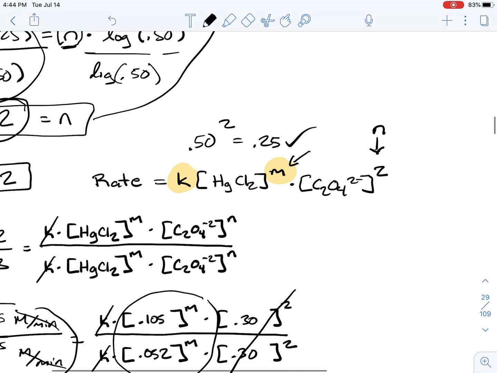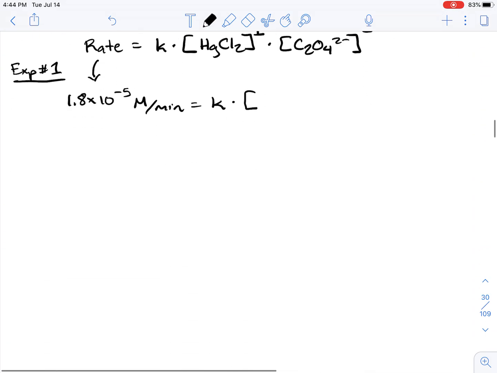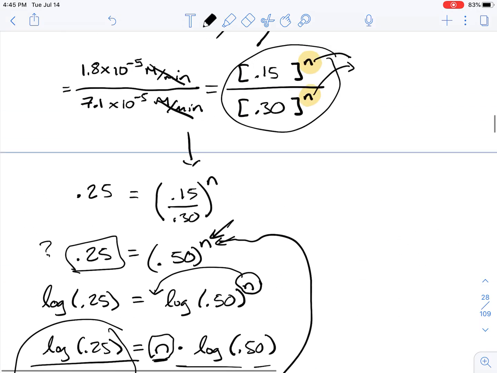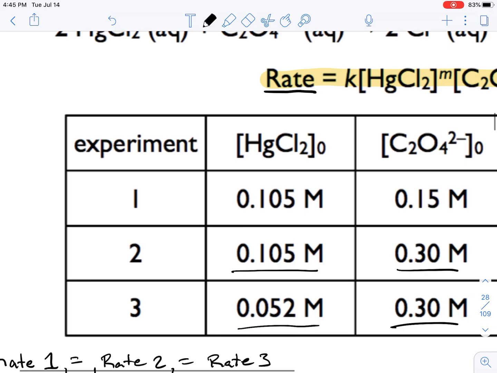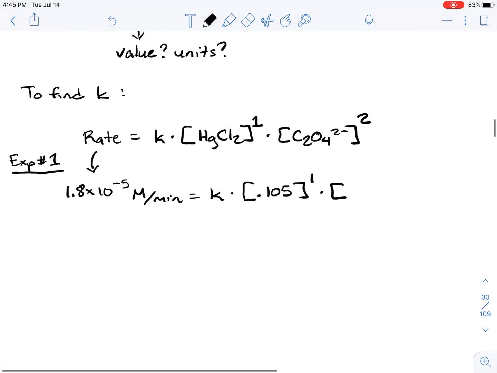And so mercury 2 chloride, if I remember correctly, was 0.105. And now this is raised to the first power because it's undergoing first order kinetics. And oxalate, oh gosh, what was oxalate? Oxalate was 0.15 molar for experiment 1.